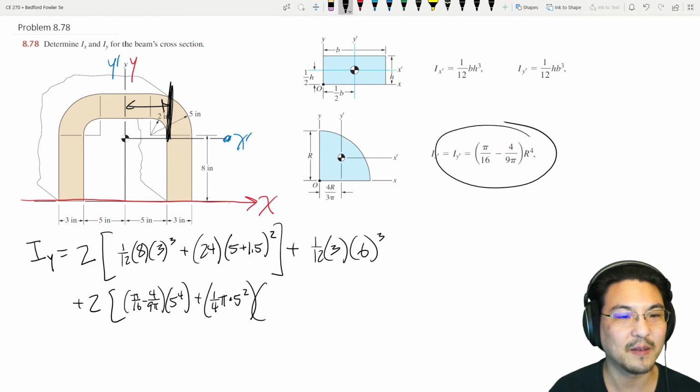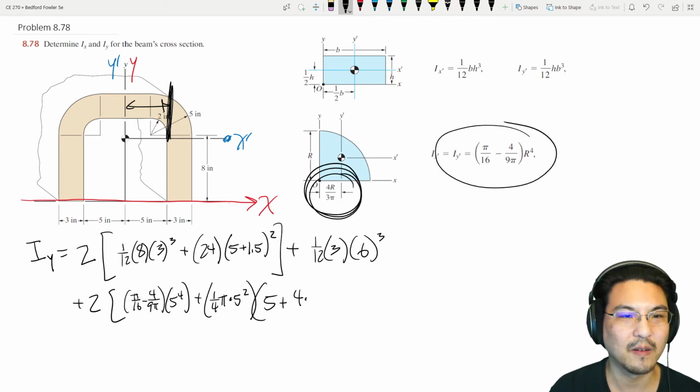So how far is that? 5 plus 4r over 3 pi, 4r over 3 pi. That distance squared.